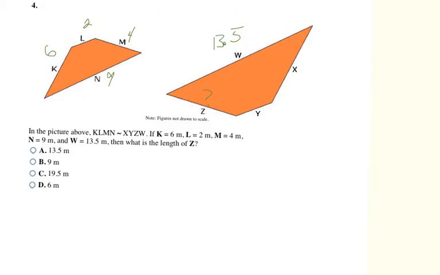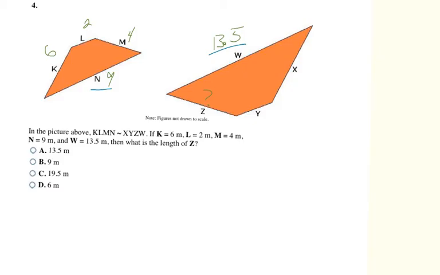Now I'm going to try to set up a proportion to solve for my missing side. So to do that, I'm going to have to match two known sides between the two shapes equal to a side pair that includes what I'm looking for. So here I know W in my second shape, and W is last in the similarity statement, and so is N, so that means W and N are going to be corresponding sides.